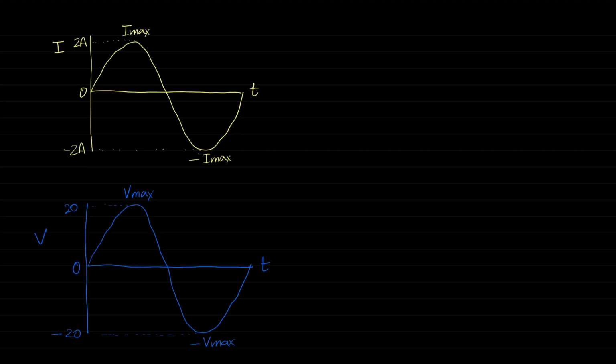Now, the reason why we have to use these equations for RMS is because if we had to calculate the average for these graphs, look at what happens. If I wanted to calculate the average current, I average is going to equal I max plus minus I max over 2.